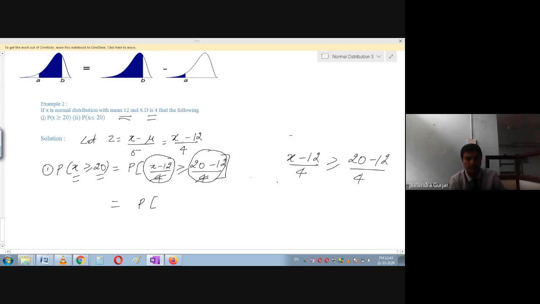So this is the probability you wanted to calculate. But remember this, student, already we have simplified this. What is the value of this? It is z. So this remains z. Therefore, this is z is greater than or equal to. Now you can simplify this. It is 20 minus 12. You will get this as 8. So this is 8 divided by 4, which is 2.